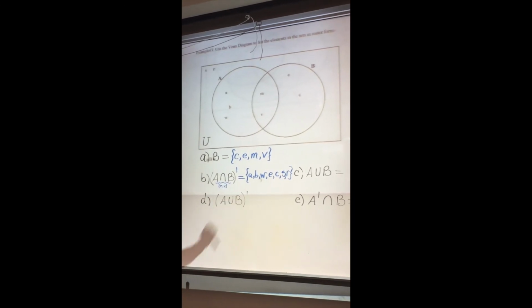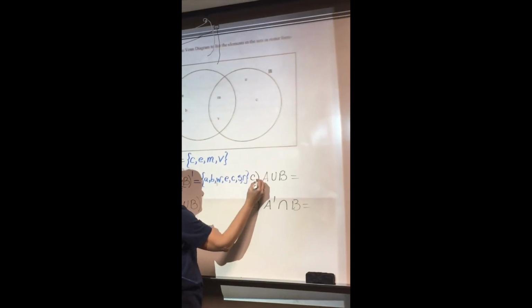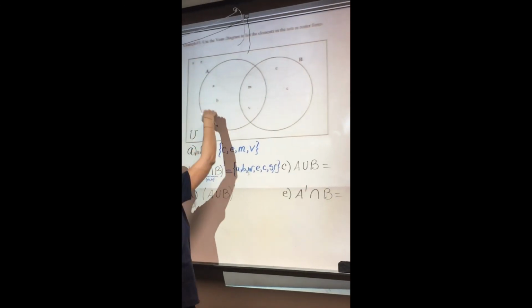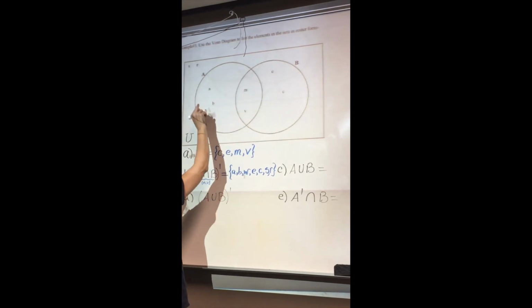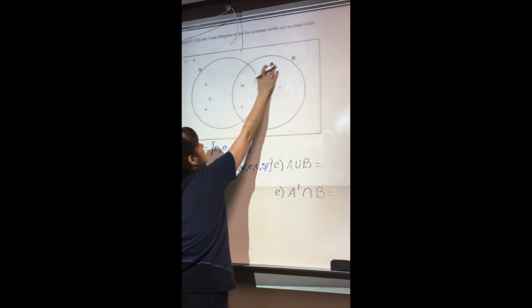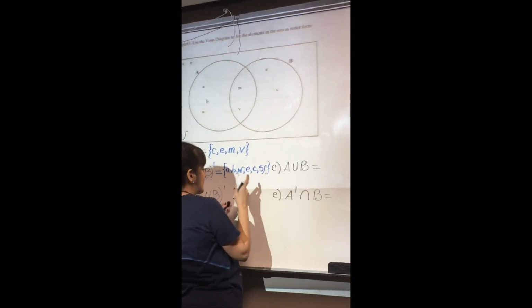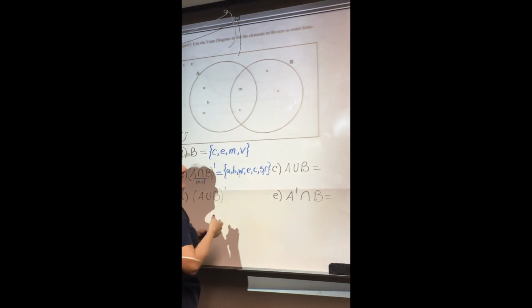So then we have example C where we have to do A union B. A union B is everything in A together with everything in B. So all we have to do is list all of these elements inside of these two big circles. Again, the order in which you write them doesn't matter.